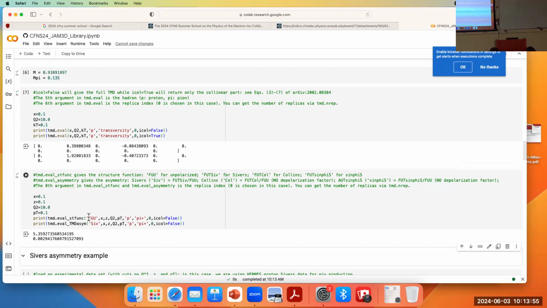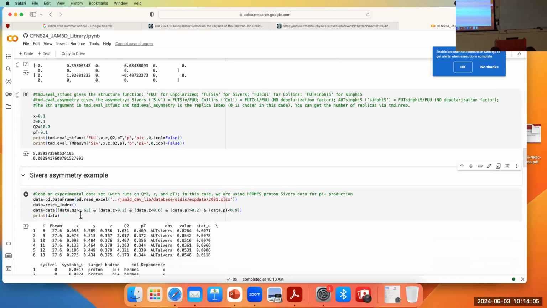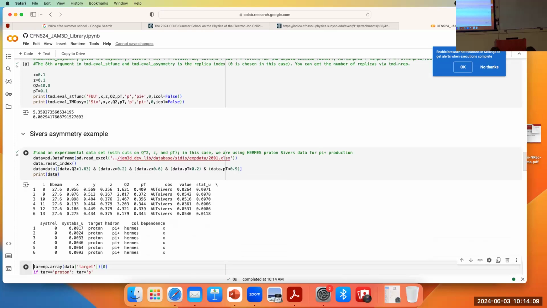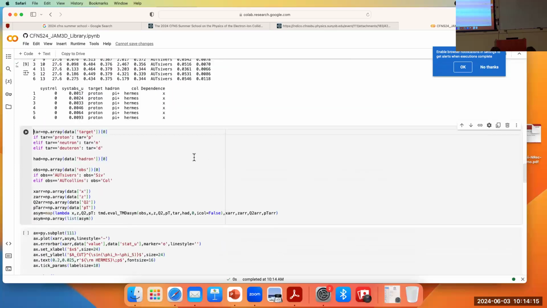It would evaluate structure functions for the unpolarized case or for the case of transverse polarization that has a particular modulation. Now here you can load all the data that we have for some particular experiment. I just chose the HERMES experiment.